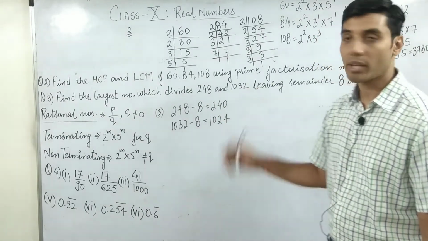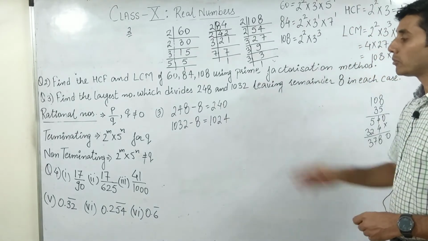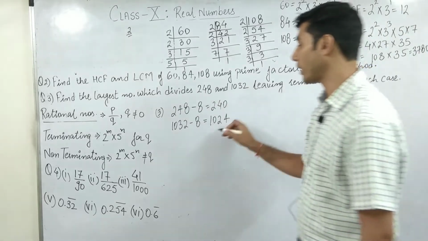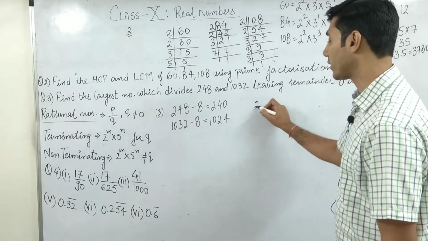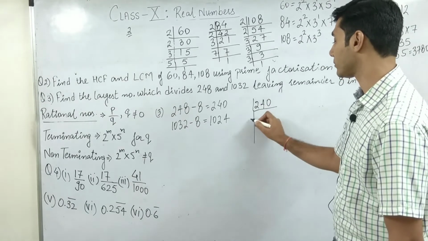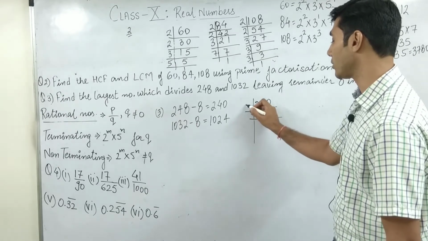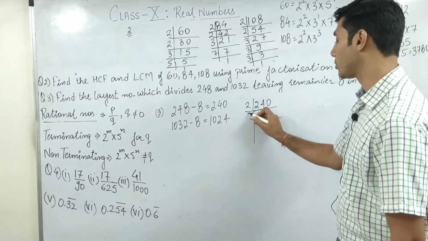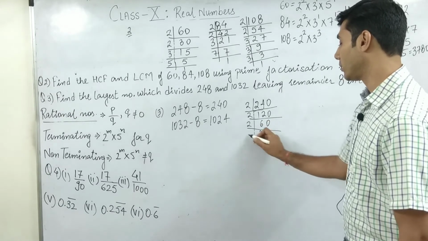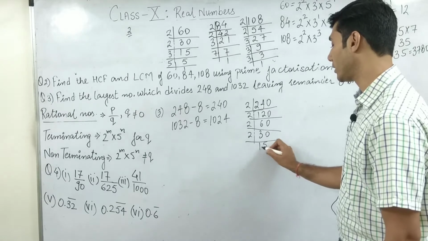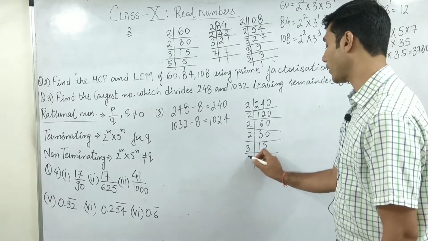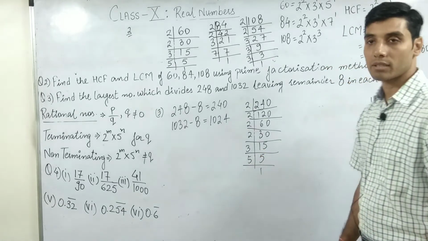Okay. Now let's move on to these numbers. I need to find out the largest number, that means I need to find out the HCF. So prime factorization method, 240. Let's see, 2, 120, 2, 60, 2, 30, 2, 15, 3, 5 times, 5, 1 time. That's all.